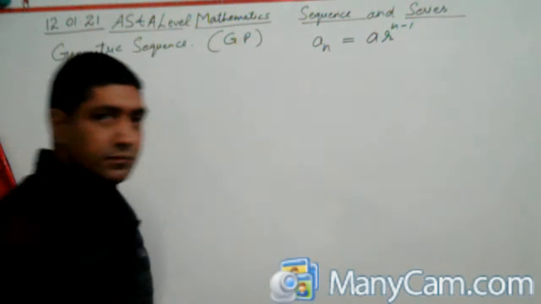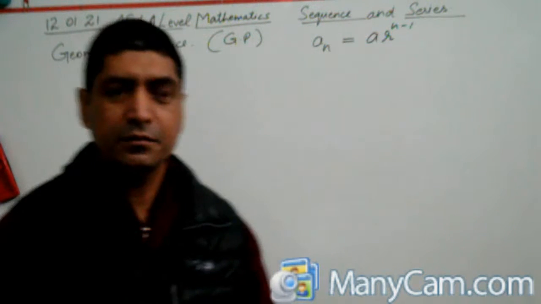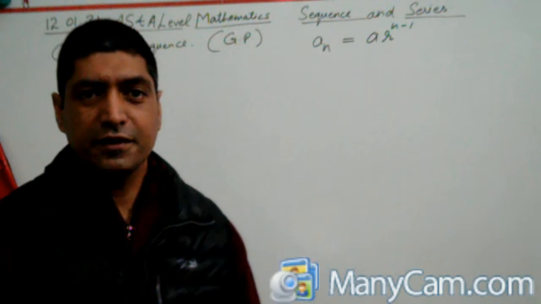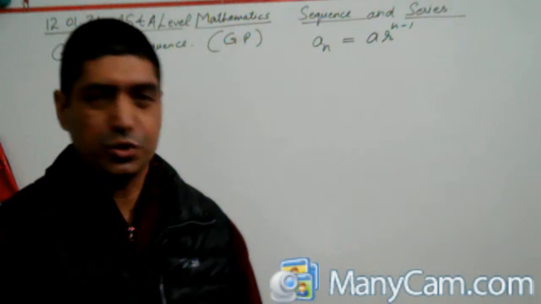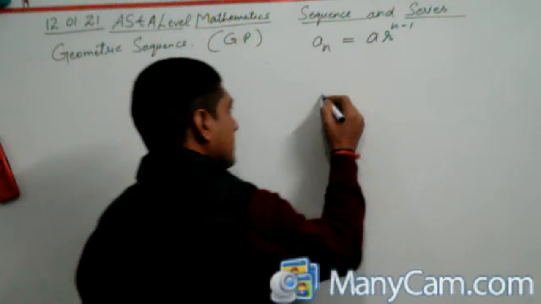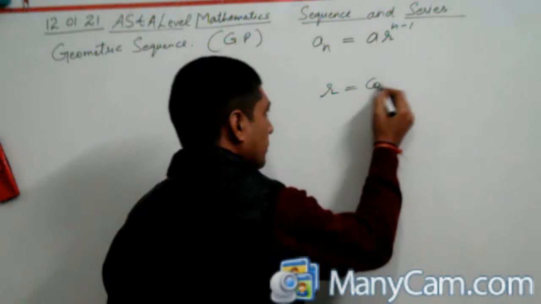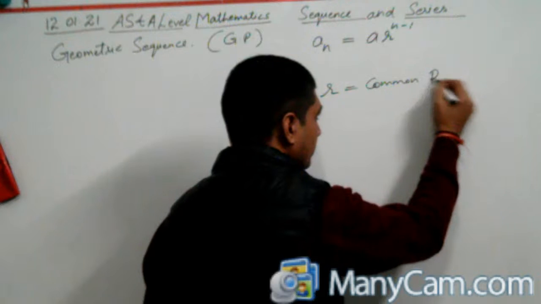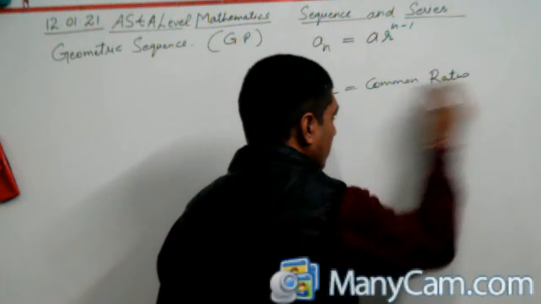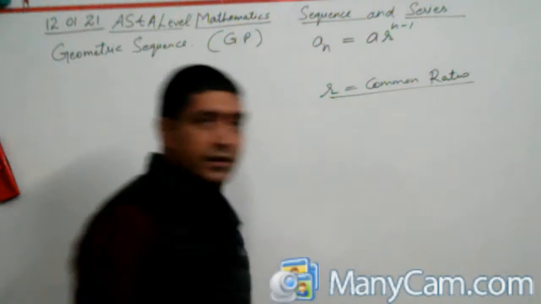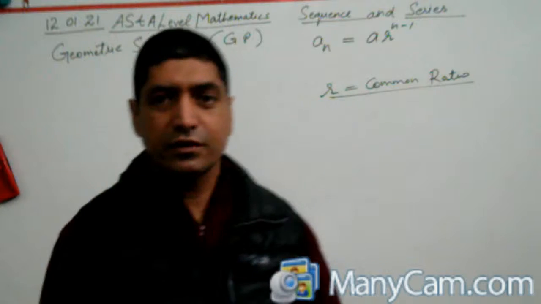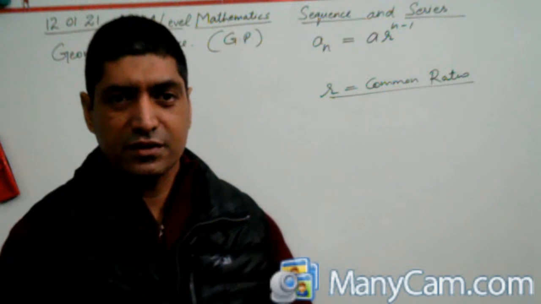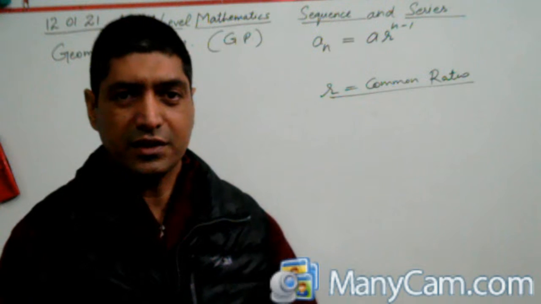Every term is multiplied by a fixed number, called the common ratio. Here r is the common ratio. Like in AP we go with the common difference, here we are going with the common ratio. That is geometric progression.